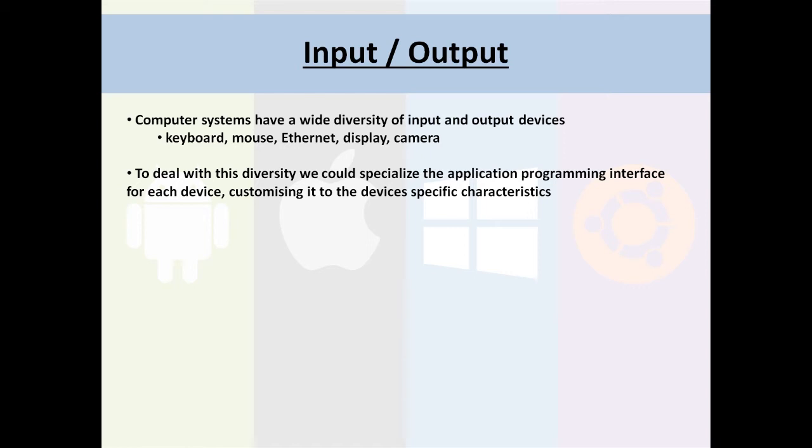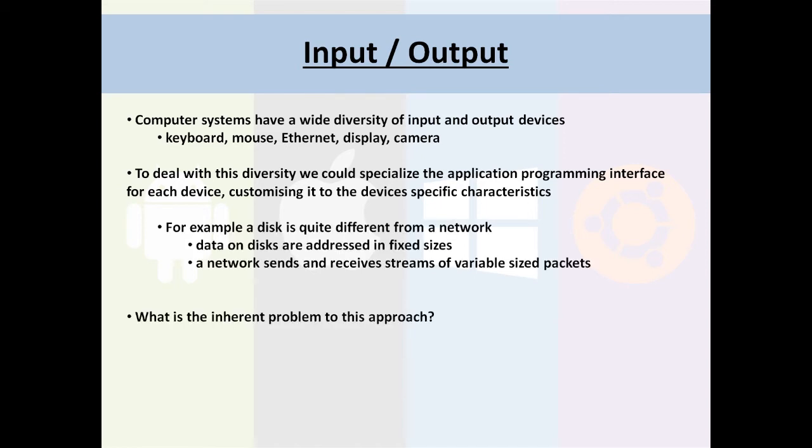But if you remember back all the way to the beginning, this goes against the whole design ethos of operating systems, where it's about generalizability and abstraction away from specific hardware components or specific characteristics of hardware. For an example, a disk is quite different from a network.